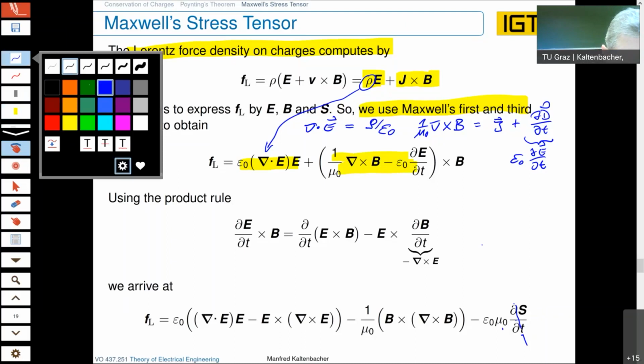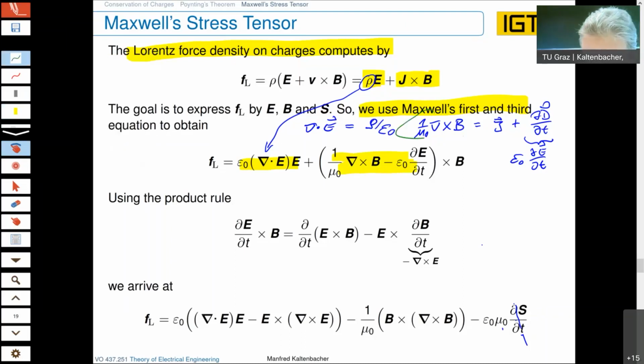So when you collect what I have written down here, we express the current density J by the curl of the magnetic field and the time derivative of the electric field. Furthermore, what we explore here is the product rule.